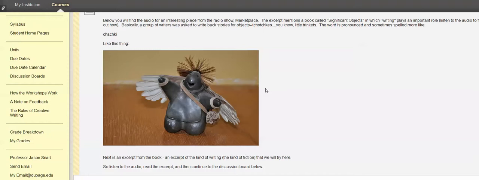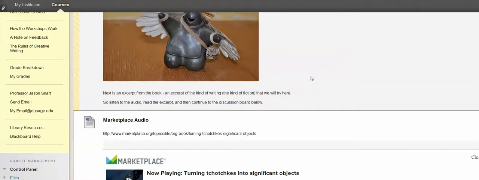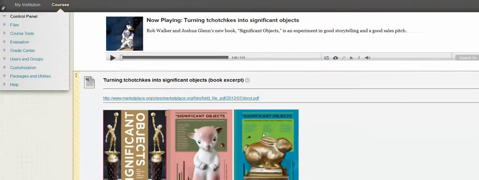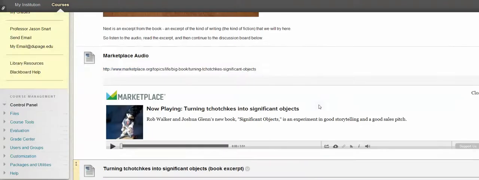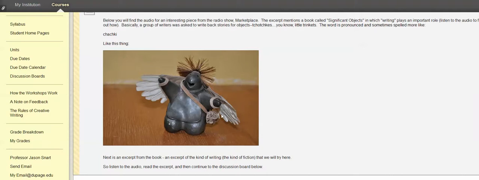But if we can write a backstory for it, and they weren't trying to lie to anybody in the book, or trick people into writing these backstories that weren't actually true. They were very upfront that these are fictionalized accounts. But if you can tell a story about this thing that gives it sort of intrinsic value, so that it's valuable to anybody, not just to you, that's really the challenge.